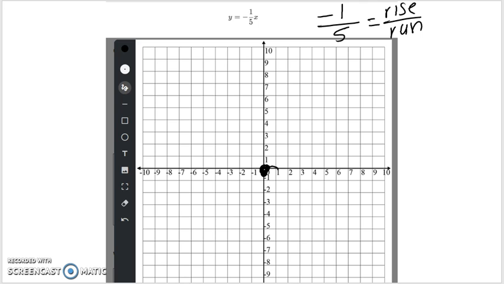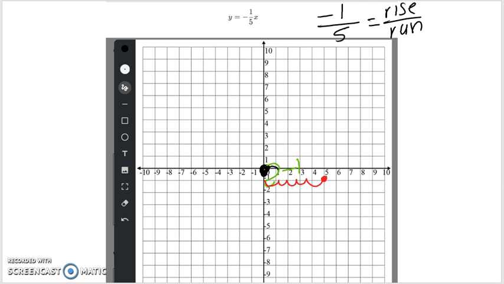So I'll be going down 1 and then over a positive 1, 2, 3, 4, 5. So I went down 1 over 5.